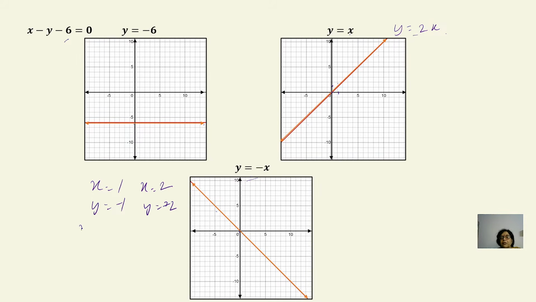If x is negative 1, y will be minus into minus 1, that is positive 1. Similarly, if x is negative 2, y will be positive 2. So the graph line will pass through the second and fourth quadrants. This also you need to keep in mind. And as in the previous case, whatever the coefficient, according to that, the angle of inclination will shift towards the x or y axis.